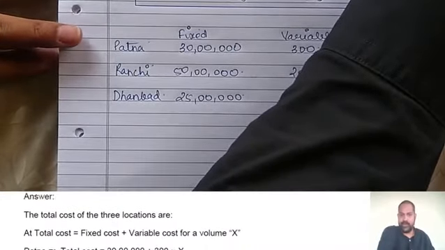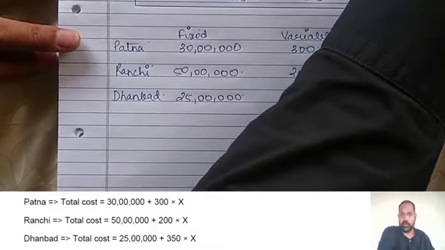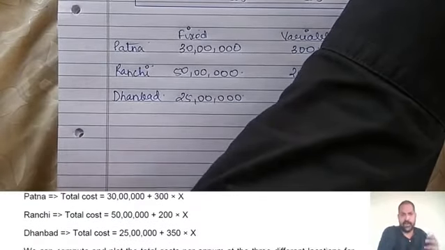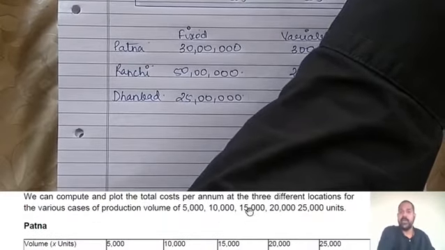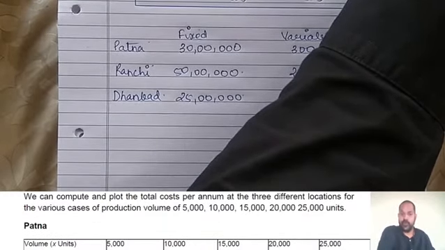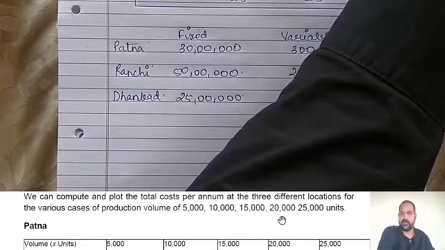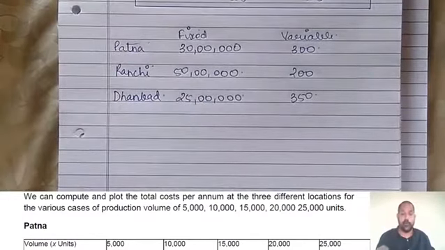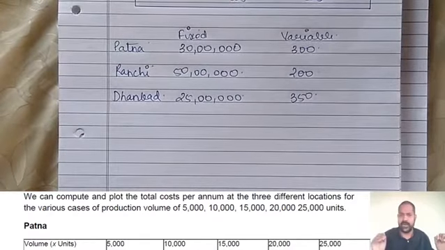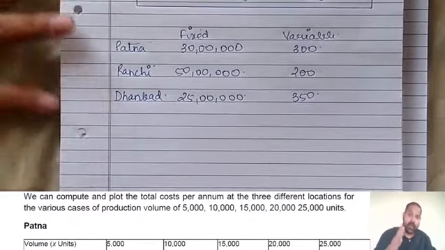So this is what they've done. They've first written down the total cost, which I am also going to write for every location. And after that, they have chosen a sales volume of 5,000, 10,000, 15,000, 20,000 and 25,000. Where did this come from? Like I told you, none of your business right now. Only try and understand what they have done.